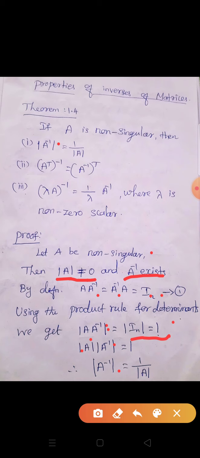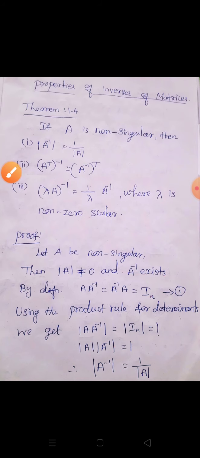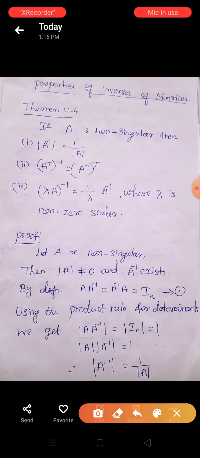Determinant A in the left hand side goes to the right hand side in the denominator. So determinant A inverse is equal to 1 by determinant A. This is our first proof, and it is finished.